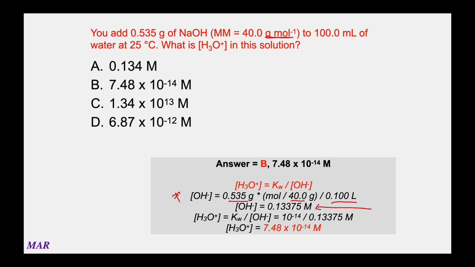Kw divided by that number gives 7.48 times 10 to the minus 14th moles per liter. Very, very small amount of hydronium. As hydroxide goes up, hydronium goes down. And even though 0.535 grams doesn't look like a lot, in the chemical world, that's actually quite a bit, all right? And so that relatively high amount of hydroxide pushes hydronium way down, no problem.